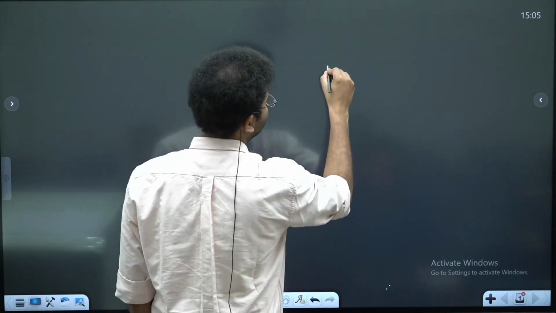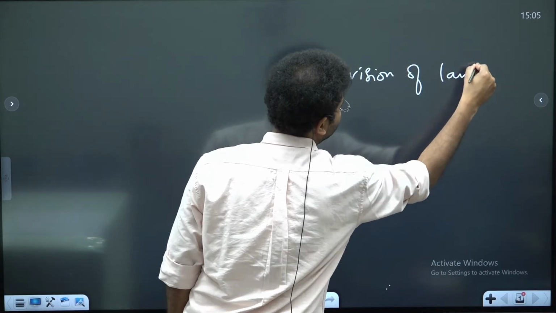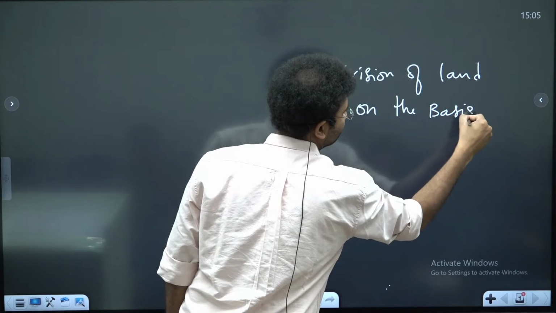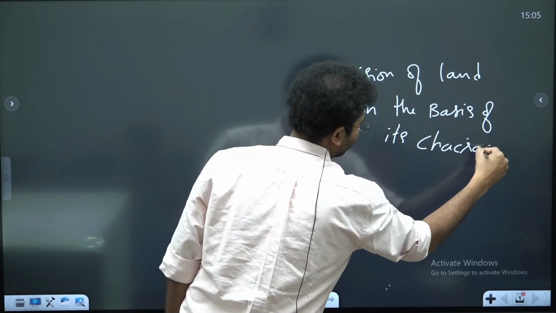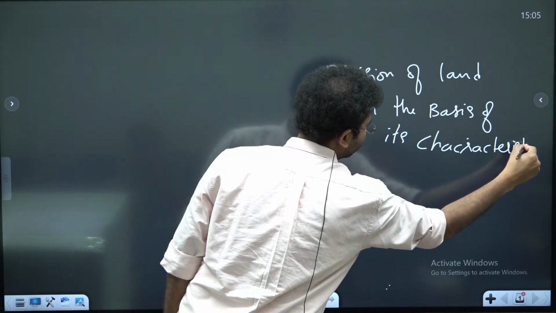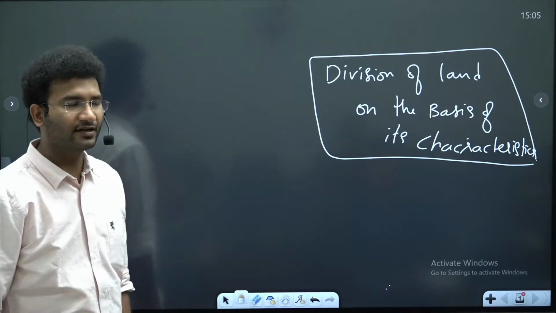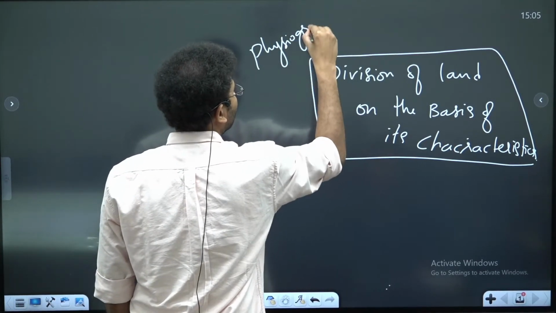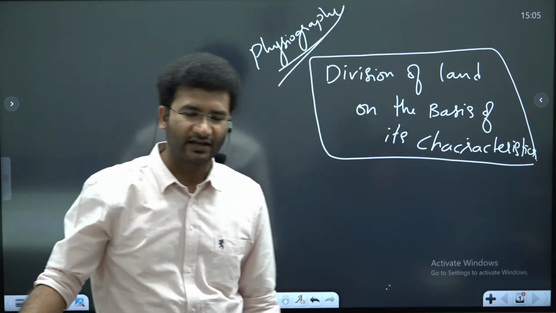This is what people says. Yes, absolutely right. Has rightly defined that physiography is nothing but the division of land on the basis of its characteristics.